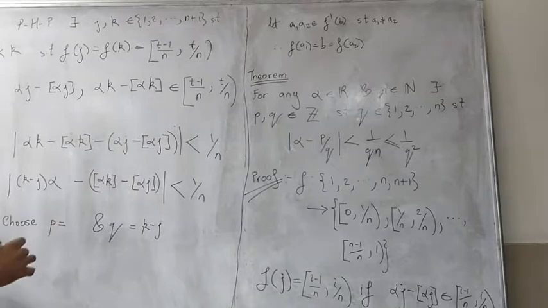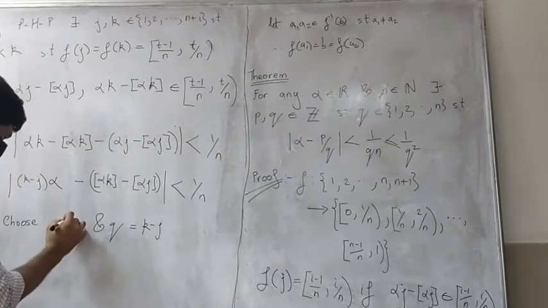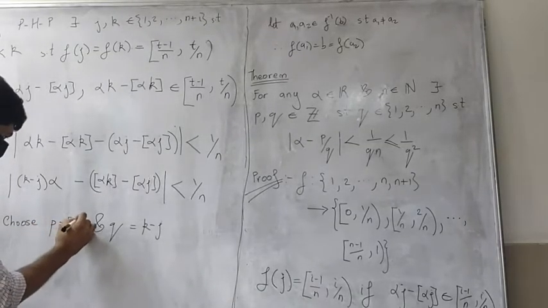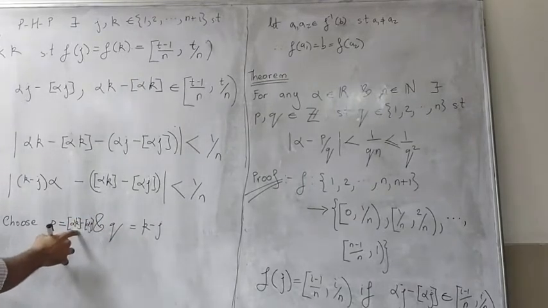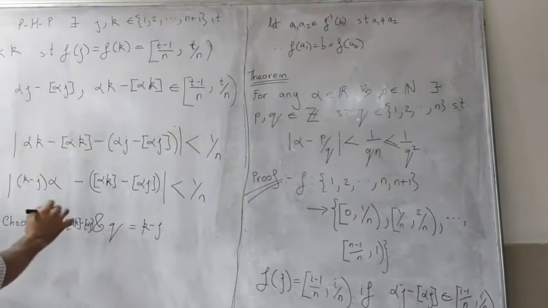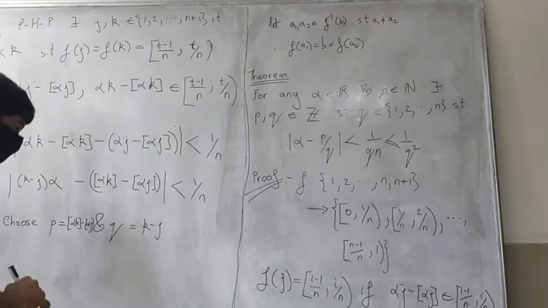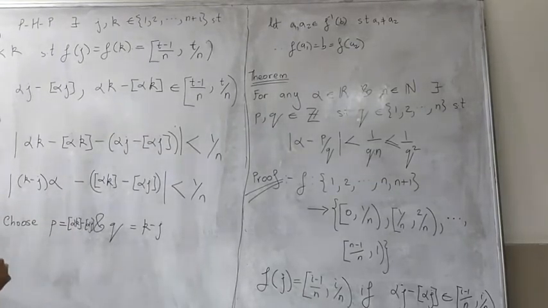Okay. So what is my P? It is going to be alpha k minus the greatest integer of alpha j. This here might be negative or positive. It depends on alpha.